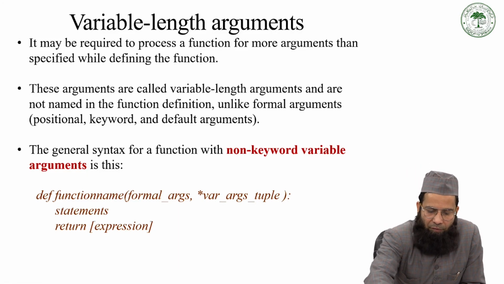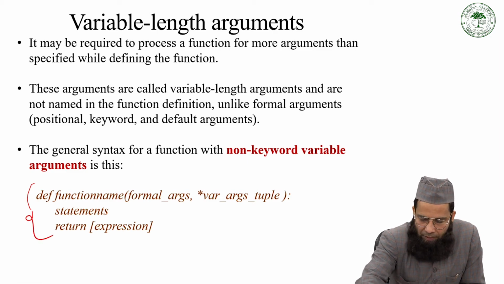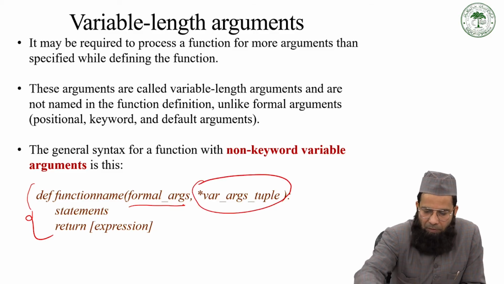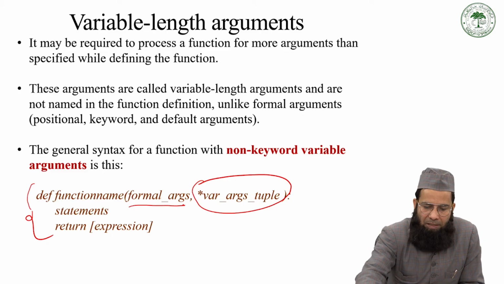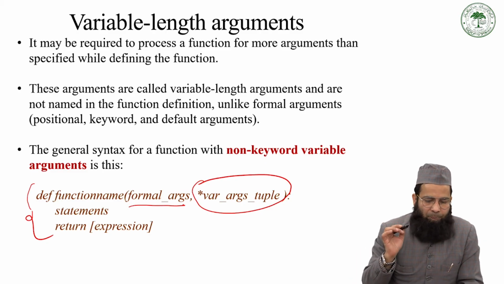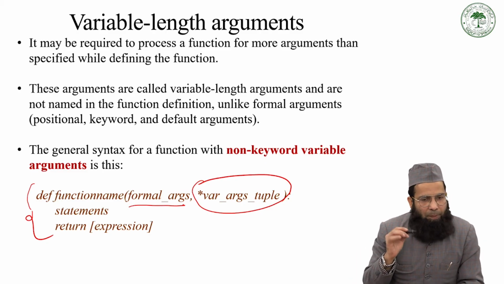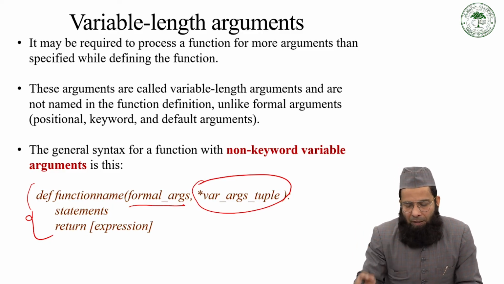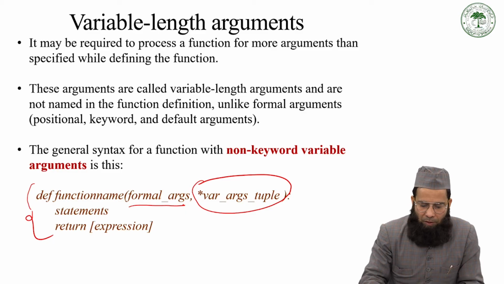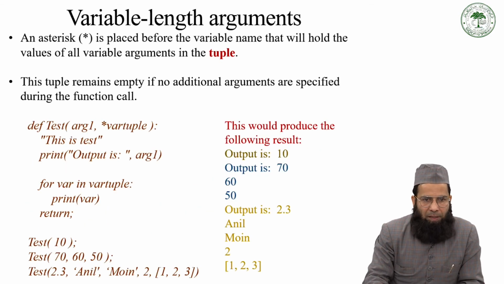So this is the function definition of variable length. I am giving one parameter here and another parameter prefixed with a star. It means this one is the variable length argument, right? So you can pass any number of arguments in this case. Let me come to the next slide. There is an example here.